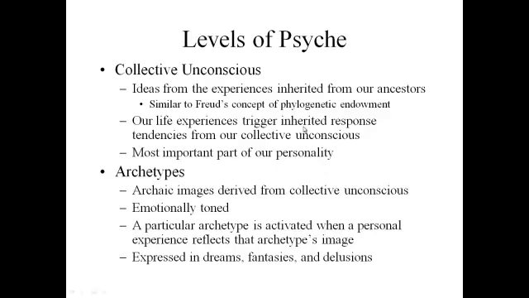So those archetypes are those special, emotionally toned images that are present across all of humanity. And again, certain kinds of life experiences lead us to draw upon certain types of archetypes that exist within all of us. And they might come out in our dreams, in our fantasies, and so on.